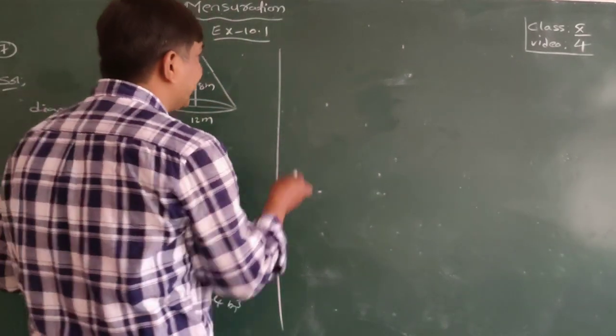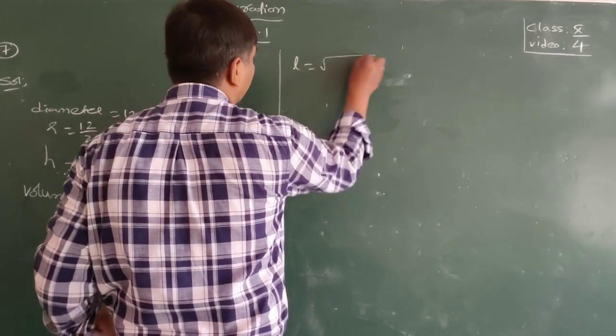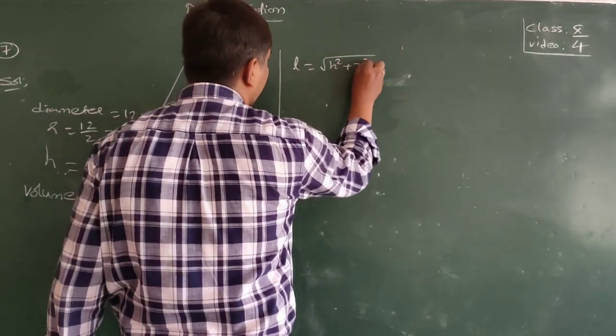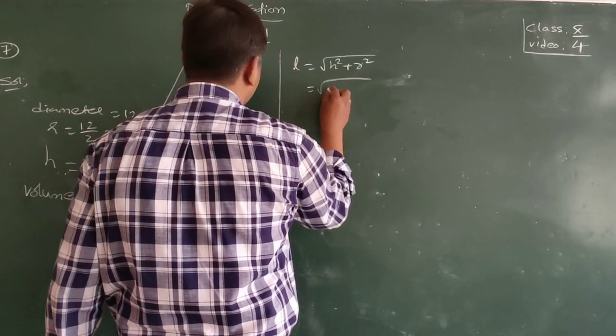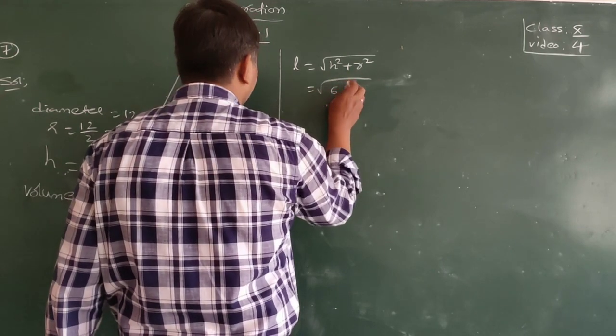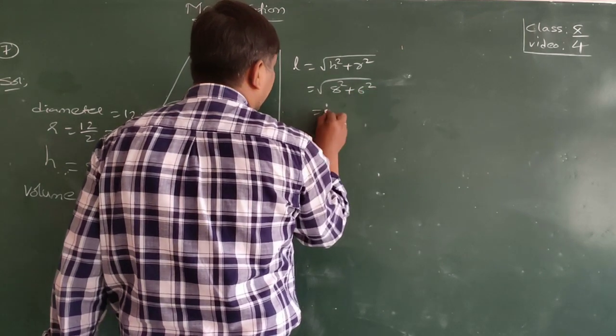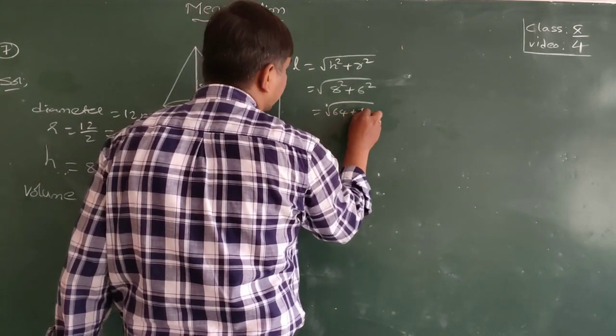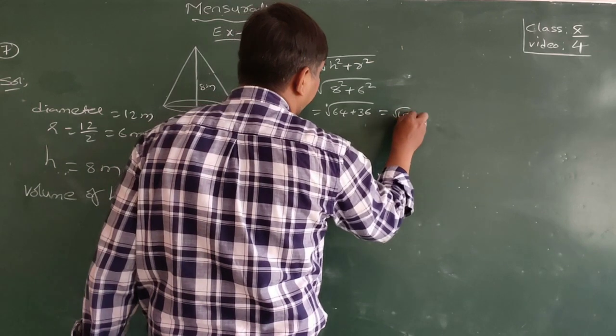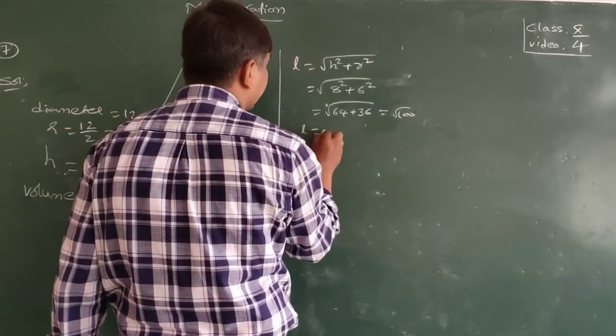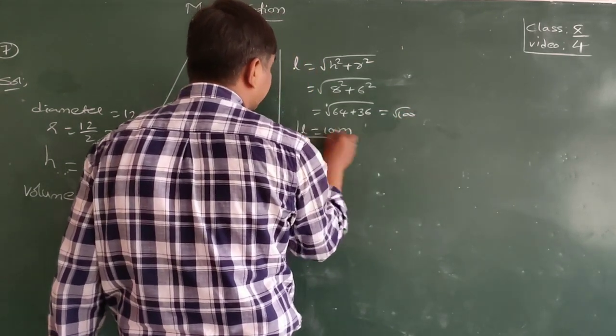First find the L value. L is equal to root of h square plus r square, that is root of 8 square plus 6 square, 64 plus 36, root 100. Now L is equal to 10 meters.